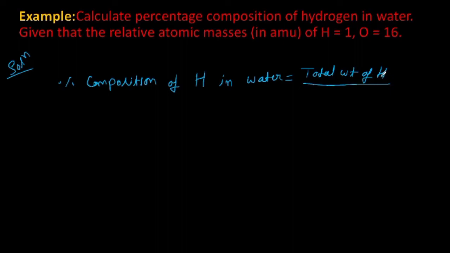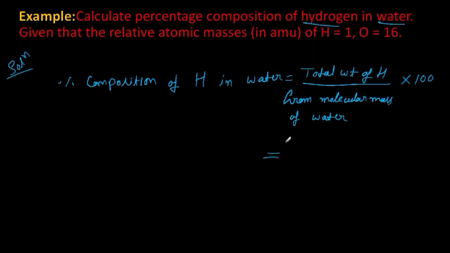That is the symbol of hydrogen is H. According to the formula, that is total weight of the given element or any element. Which element are we finding? We are finding it for hydrogen. So I am taking the total weight of the hydrogen in that molecule. Then gram molecular mass. Gram molecular mass of water, because the example which we took here is water, into, since it is percentage, we have to multiply it by 100.